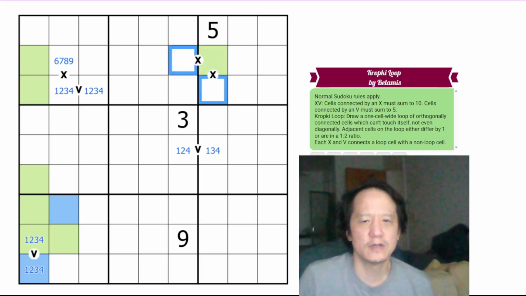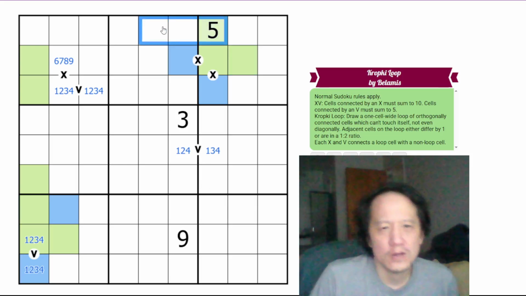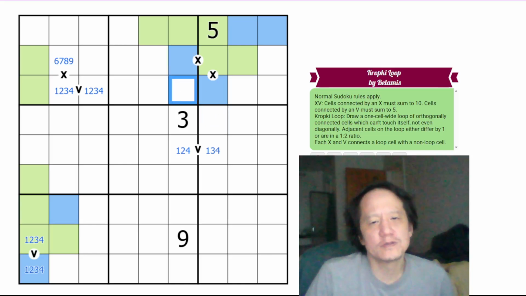So it'd be here. This would have to go here and here. So this would not be on the loop. It would have to go this way to here. This could extend here, but it can't go there. This could not be on the loop.